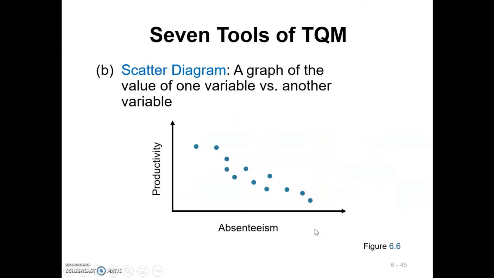The second type of generating idea tool is scatter diagram. This is a graph of the value of one variable versus another. So in this case, productivity and absenteeism. If there is a higher number of absenteeism, it will cause lower productivity.